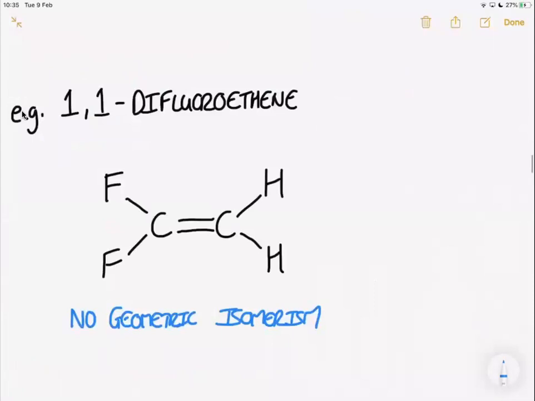In this case, because of where the fluorine atoms are, there is no geometric isomerism, okay? Same for ethene as well. We didn't really discuss this, but just plain old ethene, it's all hydrogen, so there's no geometric isomers. This can get a little confusing, but we're going to do a task to hopefully consolidate and understand a little bit, okay?